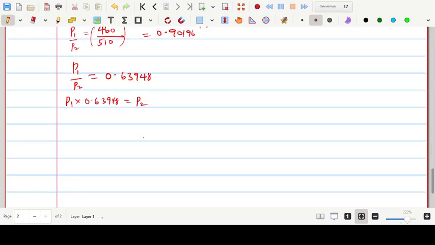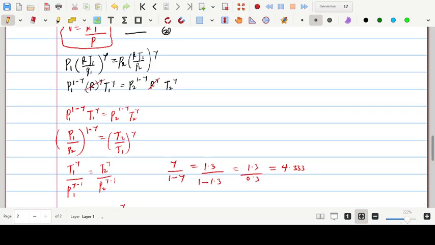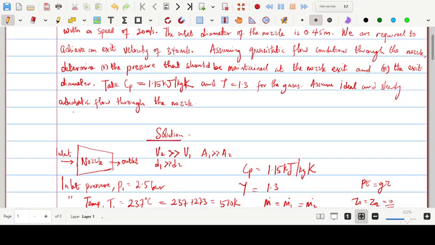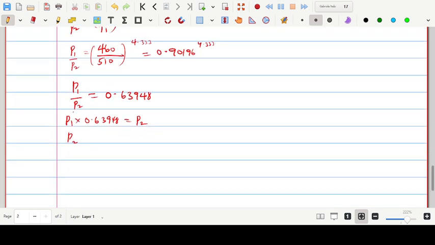Is that taken? So by multiplying, what's our p1? Our p1 is what was given in the question. The p1 was 2.5 bar. Yes, it was 2.5 bar. So you now say that 2.5 multiplied by 0.63948.